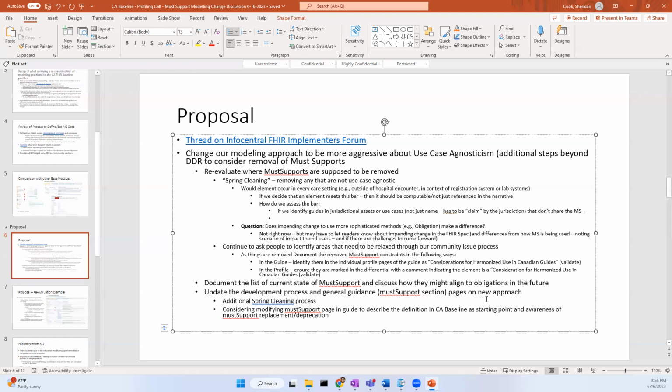Could we do something similar to that and introduce a rank for an element to say, 90% of adopters will include a manifestation, or 90% will include a code, an allergy code.